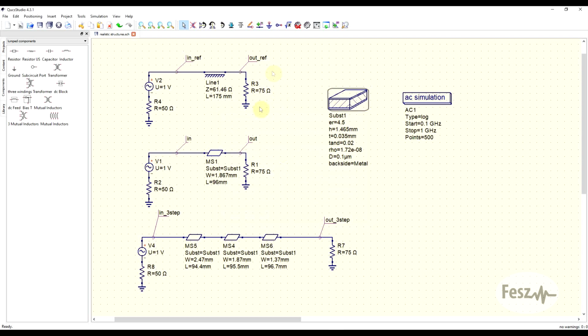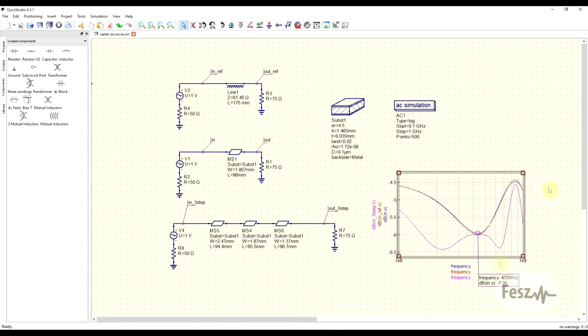For this experiment, I created 3 different impedance transformers: an ideal quarter wavelength transformer, a realistic one, and a 3-section transformer. All of these designs are created to go from 50 ohms to 75.